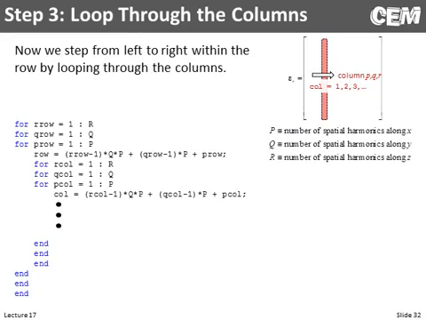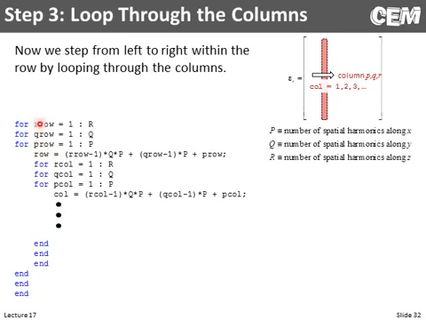Within the row, we need to locate columns. We'll work our way left to right inside each row. So we have another combination P, Q, and R telling us which column we're in. We want to calculate some integer, COL for column, that will go 1, 2, 3, 4, 5, 6, all the way across the convolution matrix. So we set up another triple loop, iterating over P, Q, and R for columns.